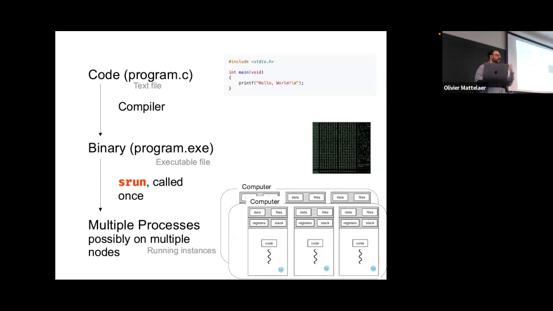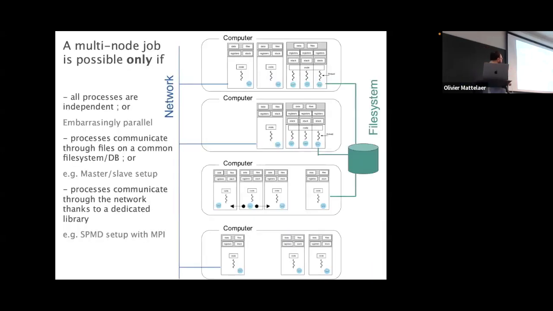So if you requested 4 nodes and 20 tasks per node, it will be started 20 times on each of the 4 nodes. But here I anticipate. Actually, a multiple node job like this is possible if and only if they are all independent.